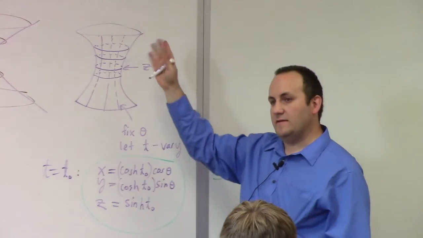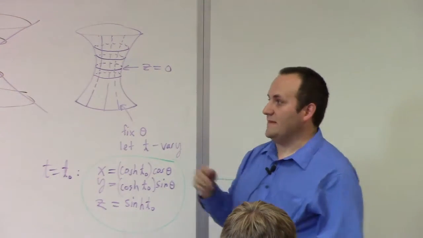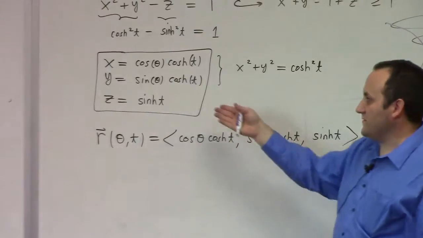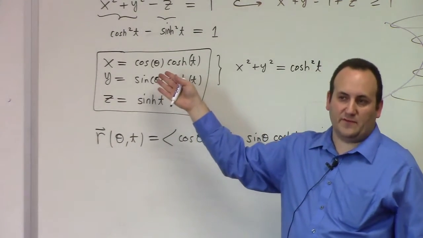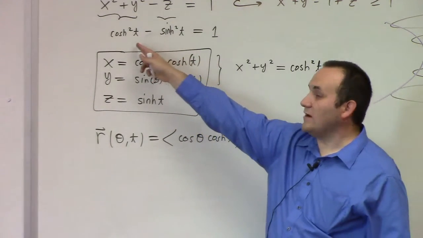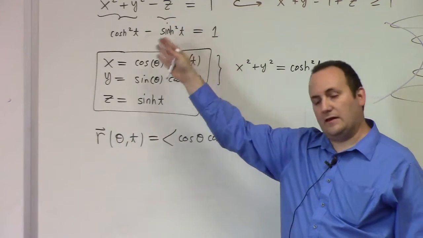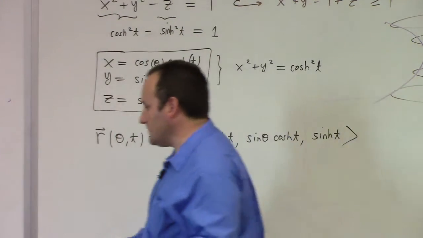And together, the union of those circles and hyperbolas forms the hyperboloid. And that's the geometric meaning of this parameterization, right? But where did I find the formulas? I didn't find the formulas from thinking about that geometric meaning. I found the formulas from something more basic, which is that I know cosh squared minus sinh squared is 1, and I know that sine squared plus cosine squared is 1, and I just tinker algebraically.